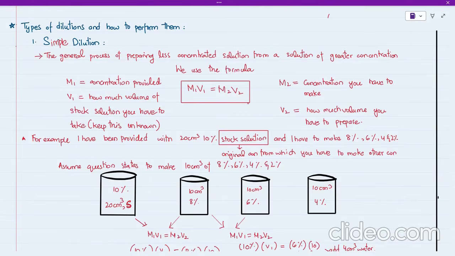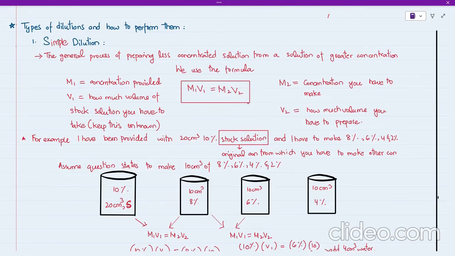So we keep this unknown, and M2 is the concentration you have to make. For example, if they are asking you to carry out a simple dilution and you have an original concentration of 10%, then we know that we are going to take four more readings. So it can be 8%, 6%, 4%, and 2%. So these are the concentrations that you have to make, and V2 is how much volume you have to prepare.